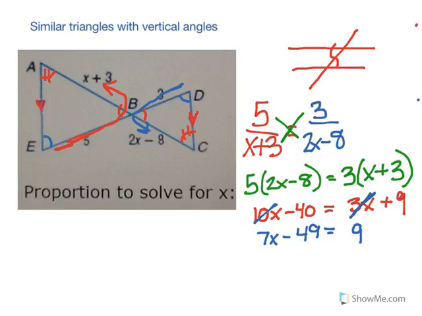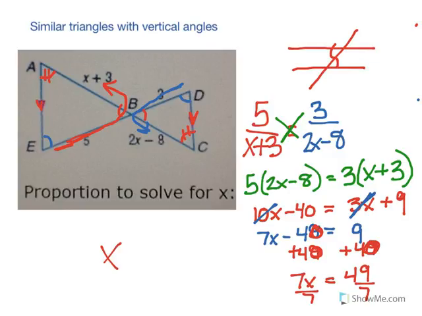And then I'm going to add the 40. I'm sorry, it was a 40. I jumped ahead of myself. It's going to equal 49. I was predicting the future. And then x is 7.